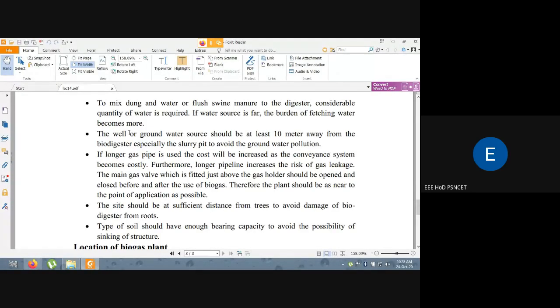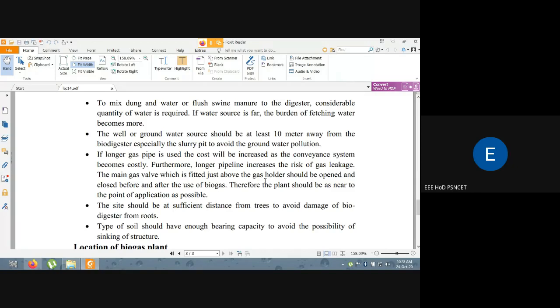Okay, so at least a 10-meter distance should be there between this digester and the pond or well. If a longer gas pipe is used, the cost will increase as the conveyance system becomes costly.